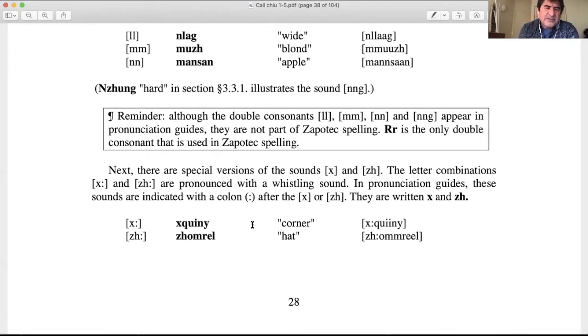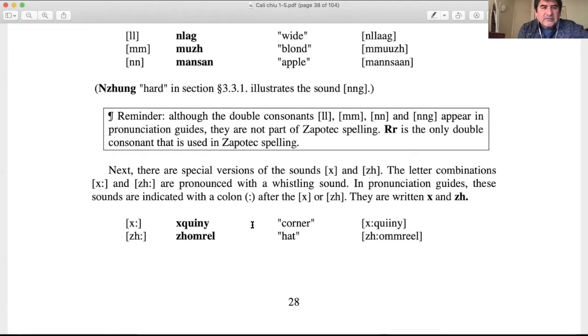Okay, and also there are two other sounds, which, as you can see on the left bracket, X, and then you see two colons, right? And then in the bracket on the pronunciation guide, you see shkeen. So it's for corner. Again, the X with the colon is pronounced shkeen. Whenever you see these brackets, it's a different pronunciation than the plain X that we saw.